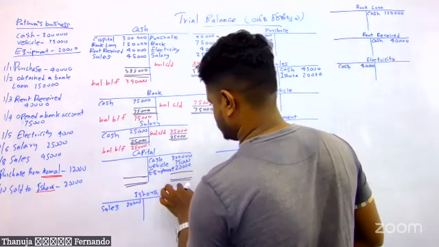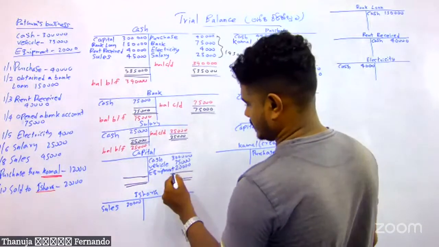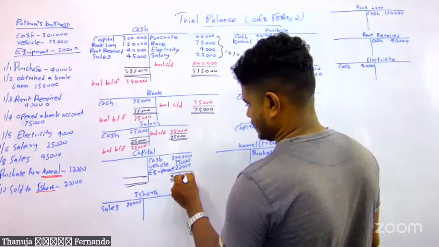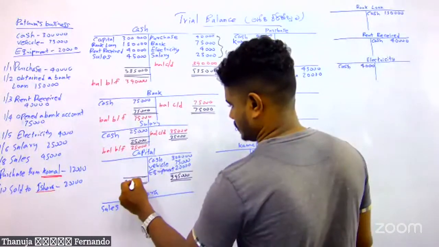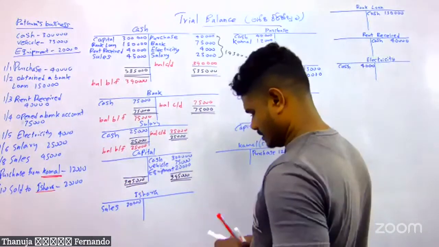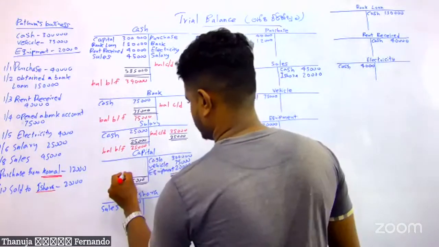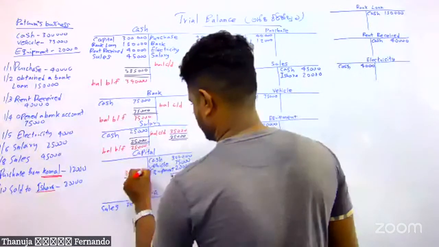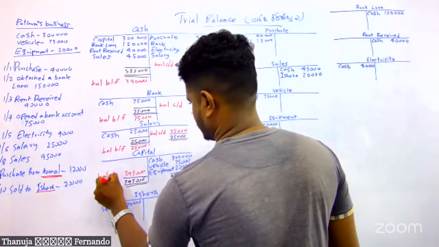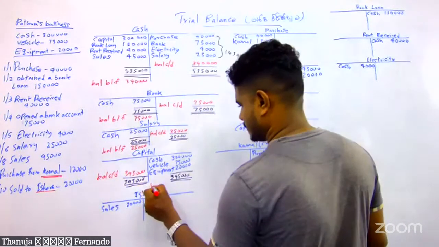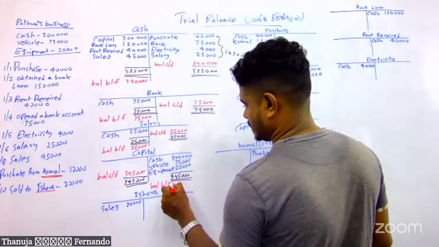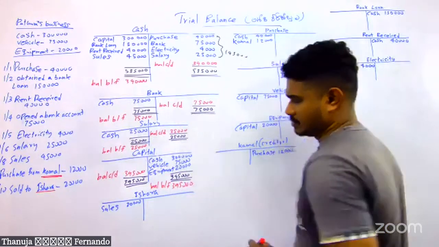The total is 395,000. Balance here 0, then 395,000 balance CD, then here balance brought forward 395,000. Right.